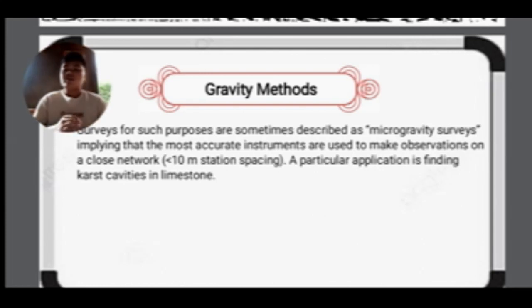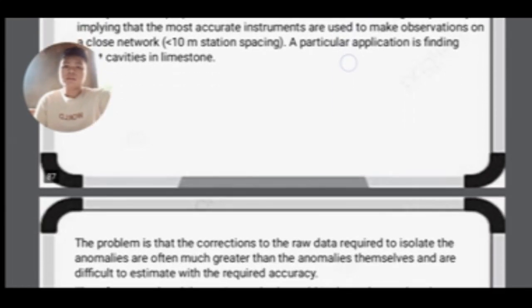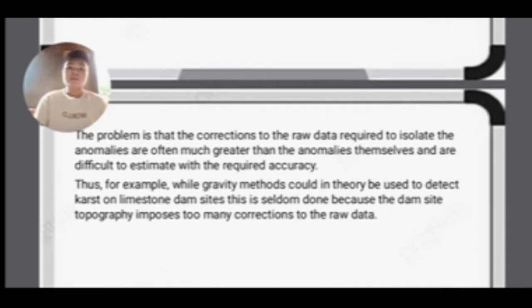There are extremely sensitive balances in which there are very small movements associated with variation in gravity between successive points. A problem stated is that the corrections to the raw data required to isolate the anomalies are often much greater than the anomalies themselves and are difficult to estimate with the required accuracy.